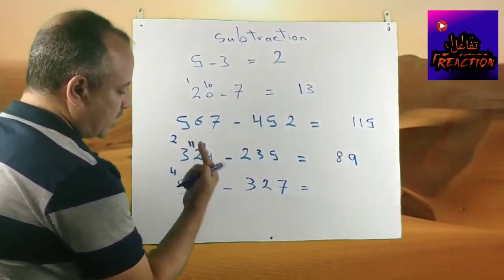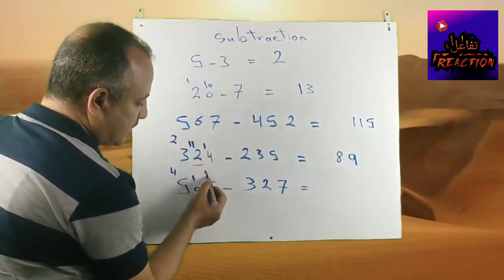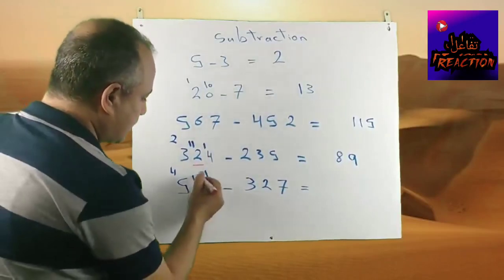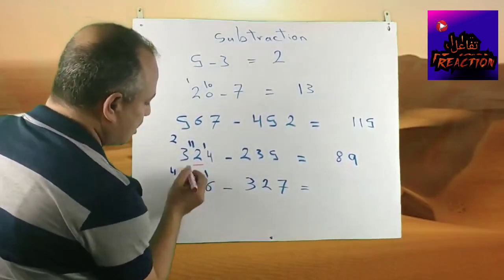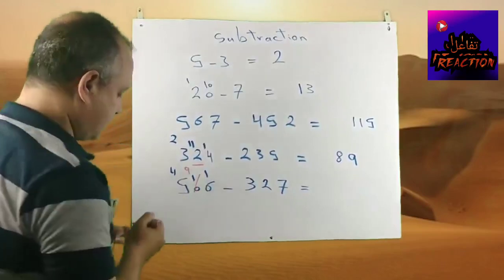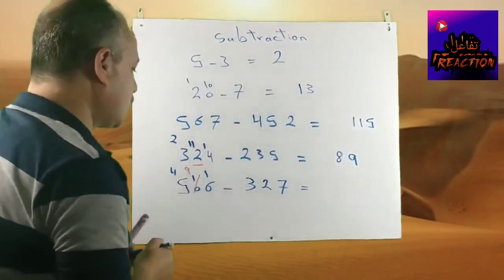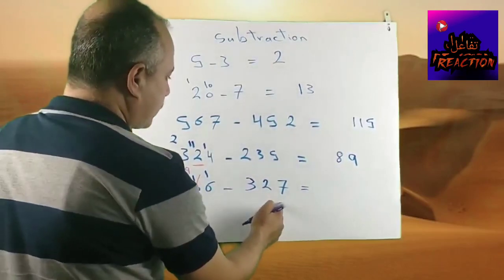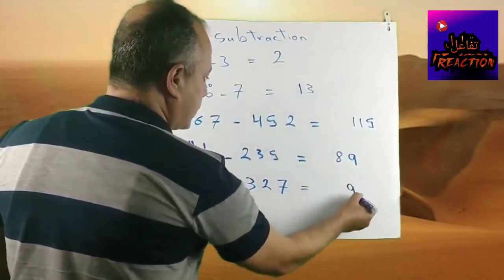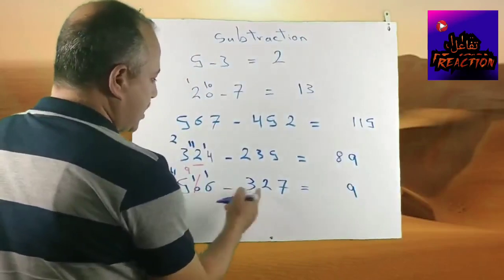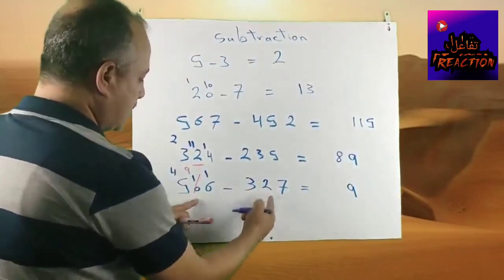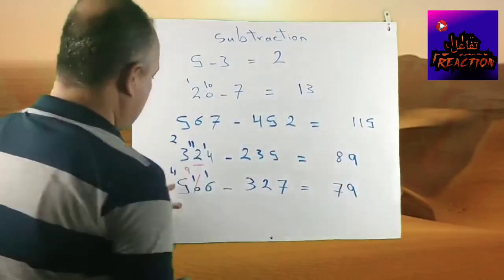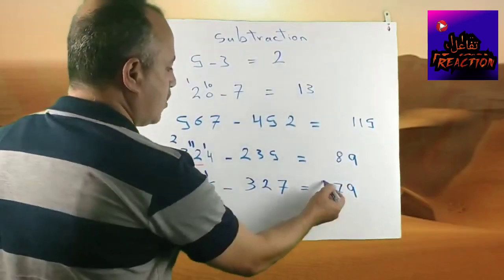So this 6 will become 16, and this 10 will become 9. And we complete. 16 minus 7 equals 9. 9 minus 2 equals 7, and 4 minus 3 equals 1.